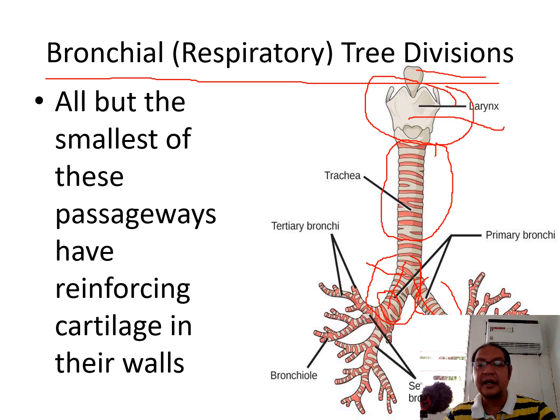Okay, the important thing to know here is all but the smallest of these passageways have reinforced cartilage in their airways. So they are made up of cartilage in order to maintain patency.